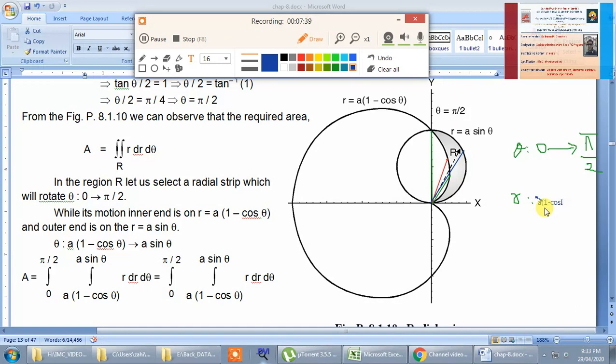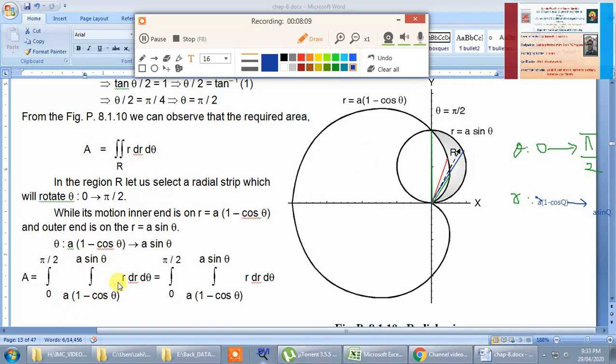And where is the outer end? The outer end is on the circle, r equal to a sin theta. Therefore the limits will be theta from 0 to pi by 2, and r from a(1 - cos theta) to a sin theta.